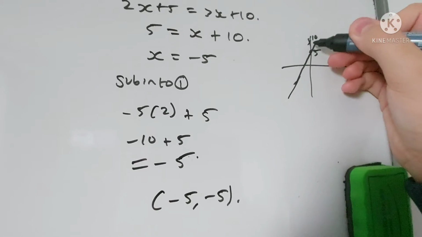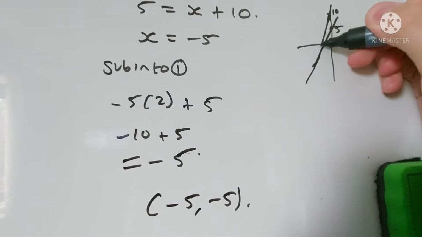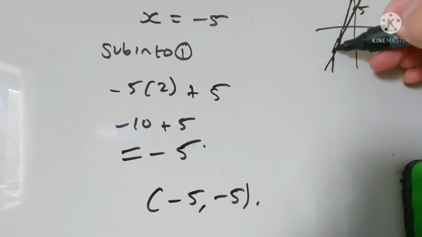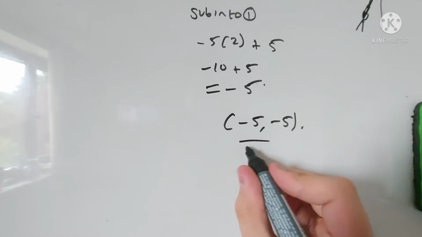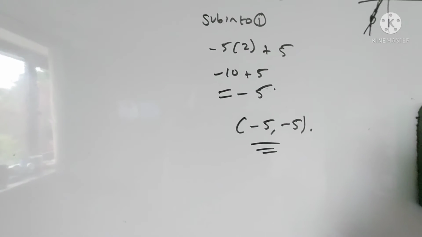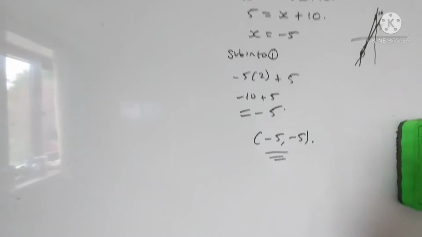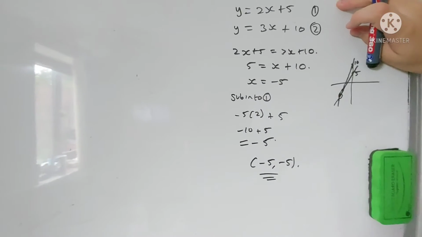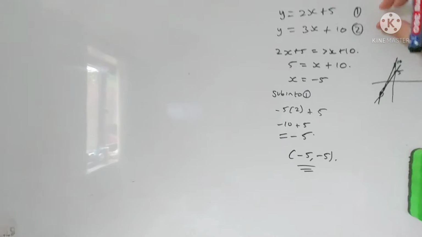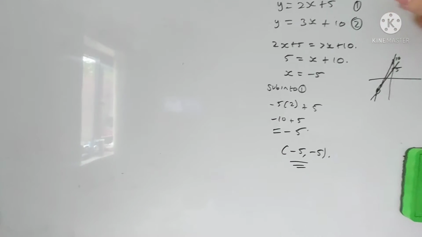So we've got a line that goes approximately like that. And where those two lines cross is minus 5, minus 5. So that is how we can do basic simultaneous equations. It's linear equations.